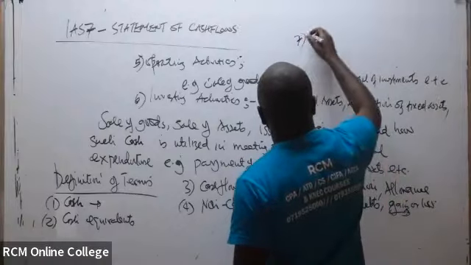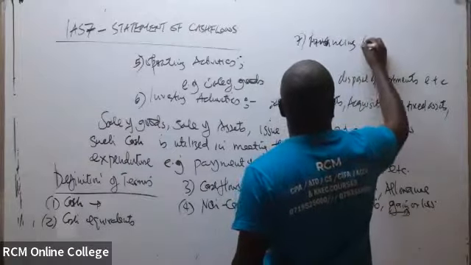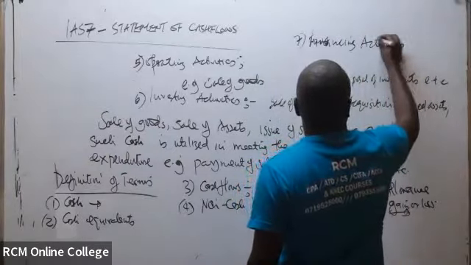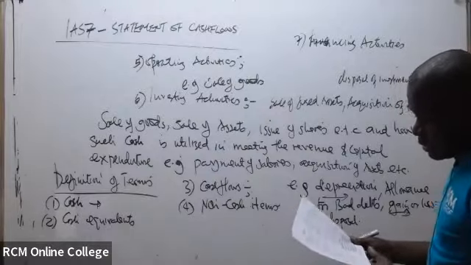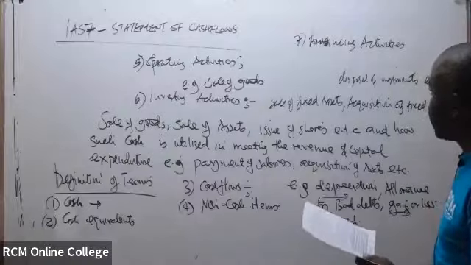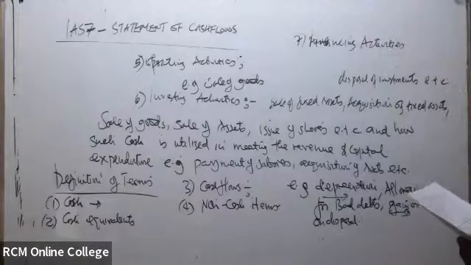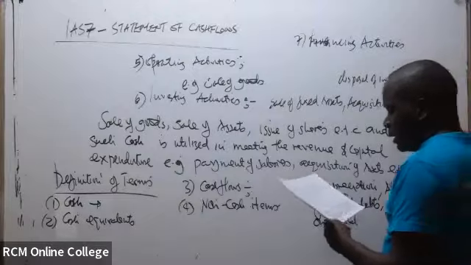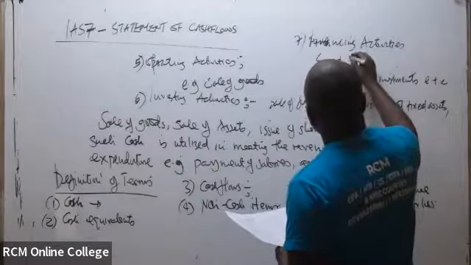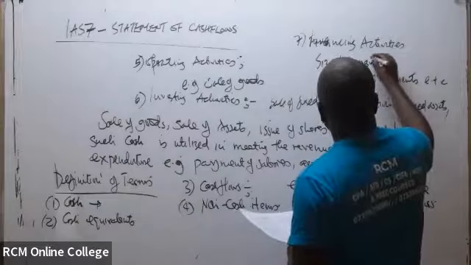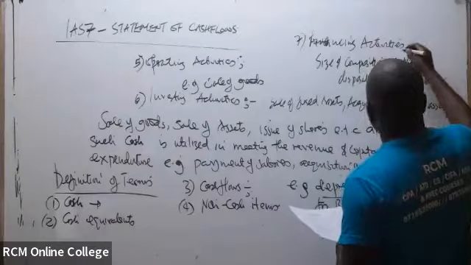Then we have financing activities. Basically, these are the equity elements. Financing activities are activities that result in changes in the size and composition of the capital of the company.